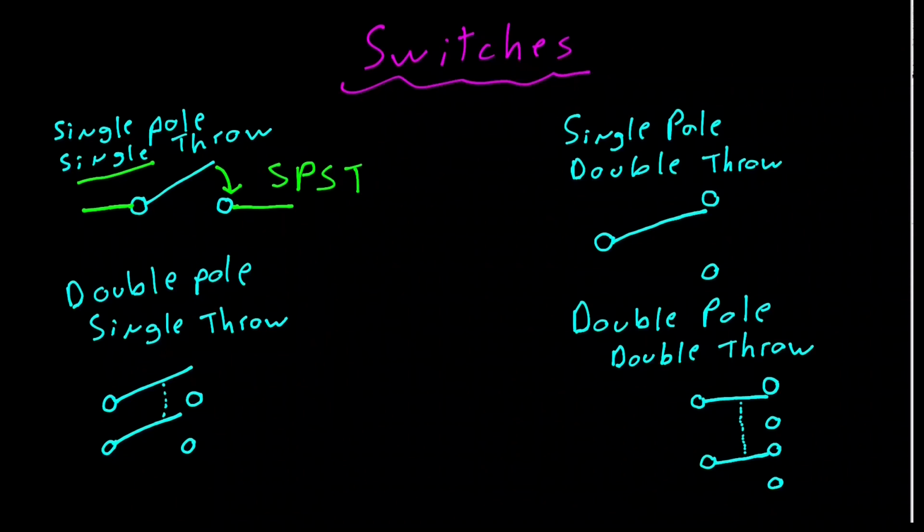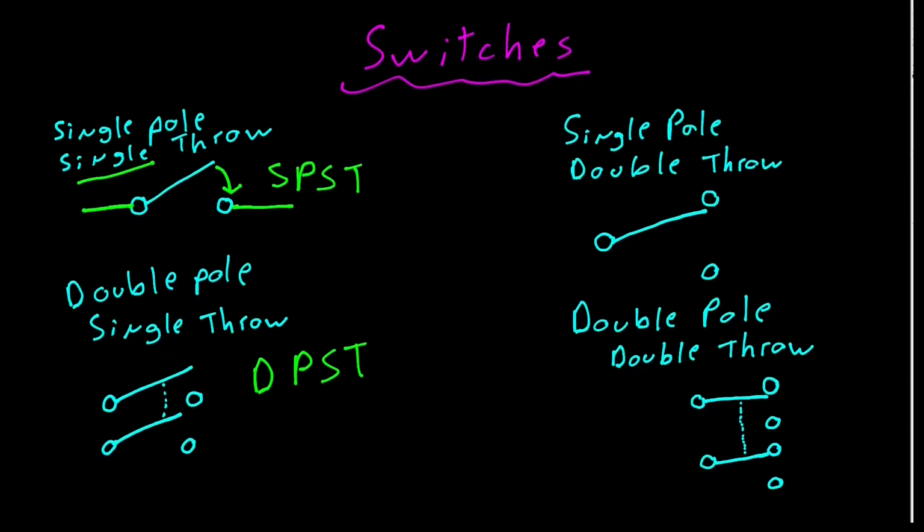Down here, you have a double pole, single throw, or a DPST. So you have two poles and a single throw, meaning that these two actuate at the same time.